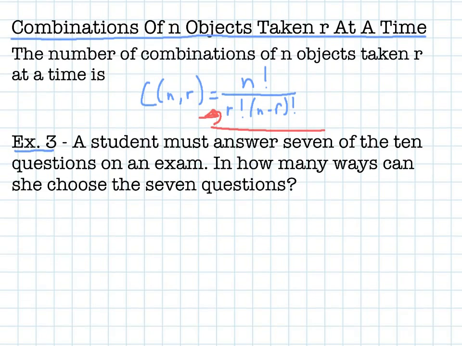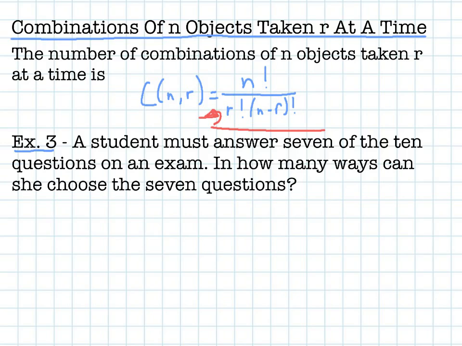So example 3 here, it says a student must answer 7 of the 10 questions on the exam. In how many ways can she choose the 7 questions? So here, because you have 10 questions, it doesn't matter if you pick the first one, the second one, in that order, or if you do 2 first and then 1 and then 4.